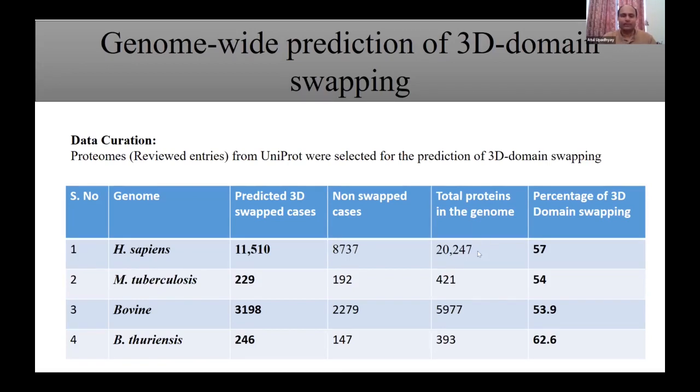We took all these proteins, and using the models which we have developed, mostly the random forest one, we predicted domain swapping, and we got around 11,500 protein sequences involved in domain swapping, which is around 57%. Likewise, we applied it to different genomes, and similar results were obtained in the case of domain swap cases.